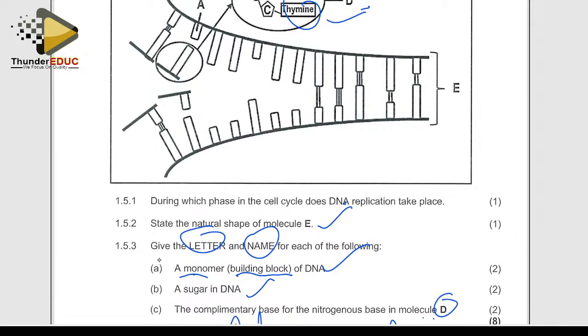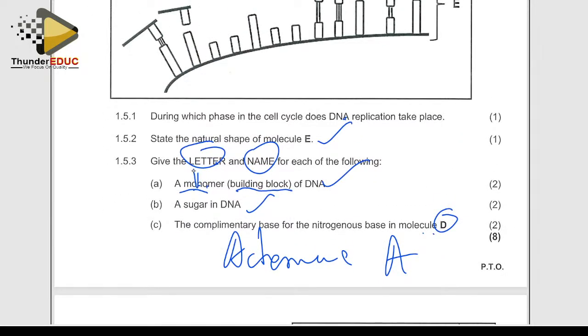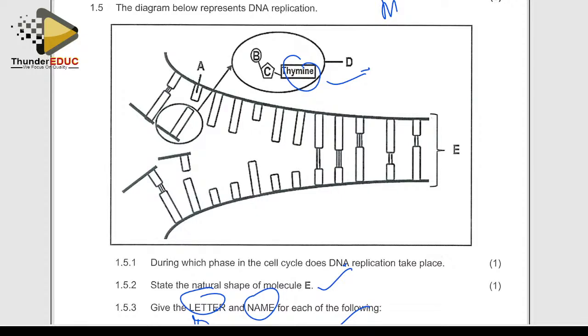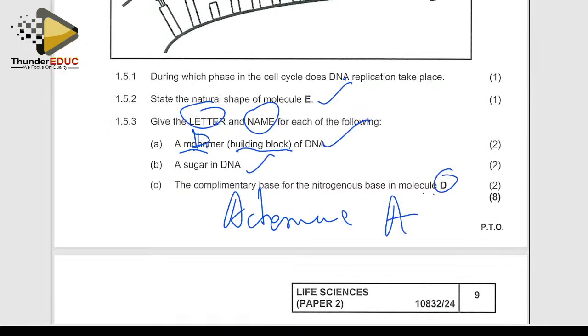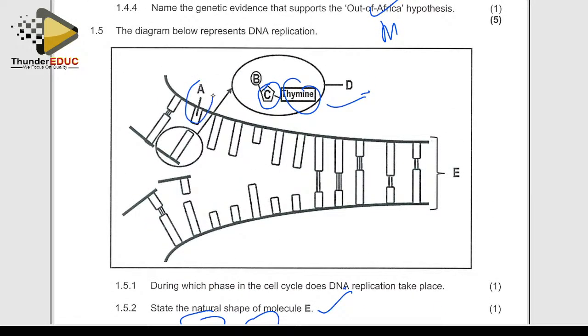They're saying that 1.53, it is letter D, which is a nucleotide. And then the sugar of DNA, we said, is deoxyribose sugar, which is C. And then the complementary base for the nitrogenous base found in D, which is adenine, and in this case it is A. They just said it, so you guys have to say adenine because A is adenine.